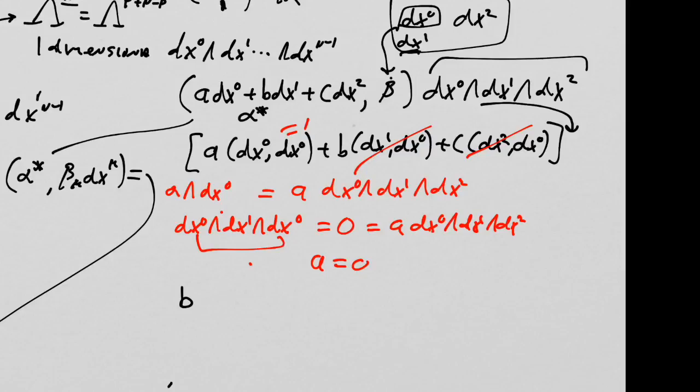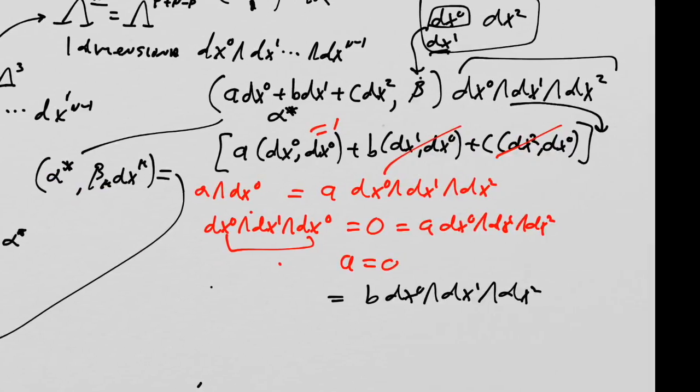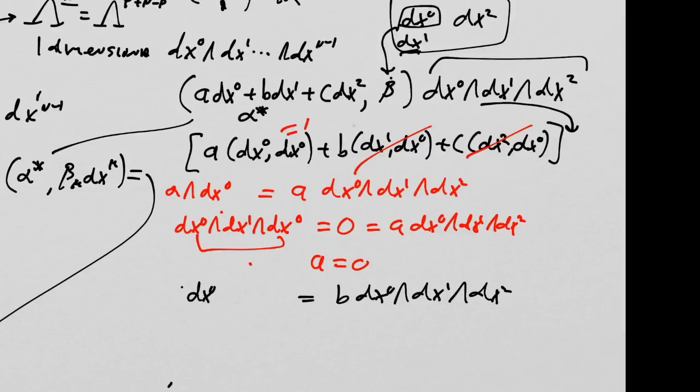So I'm going to get B dx0 dx1 dx2 on this side, and then on the other side, I'm using dx0 dx1, so I'm going to get dx0 wedge dx1 wedge dx1, which equals 0 because the dx1s are duplicated, so this doesn't work, and so B equals 0.